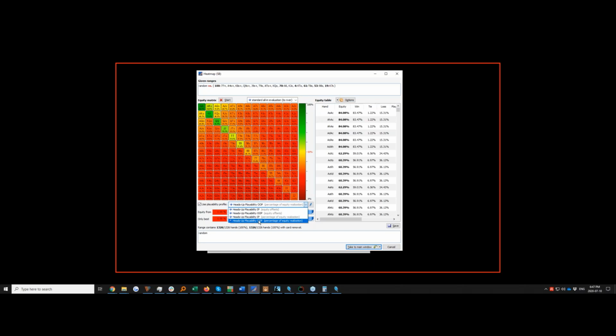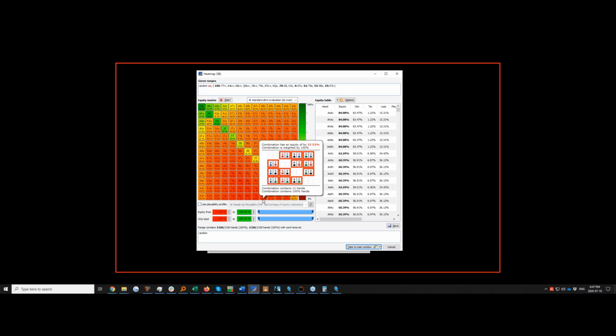So for example, add a position, and now, okay, let's see if you can see the change. Look at 6-2 offsuit. You have 27.5% equity. If we apply the profile now, we only have 19%, right?